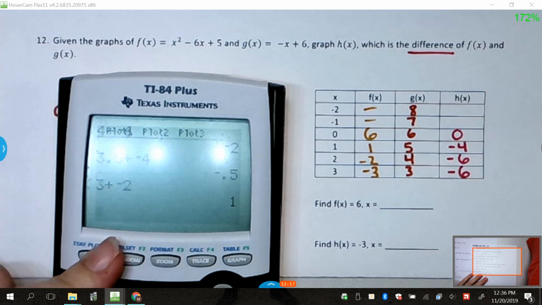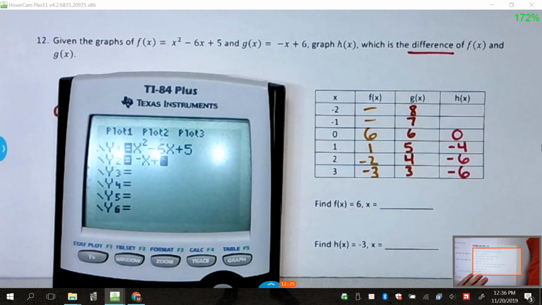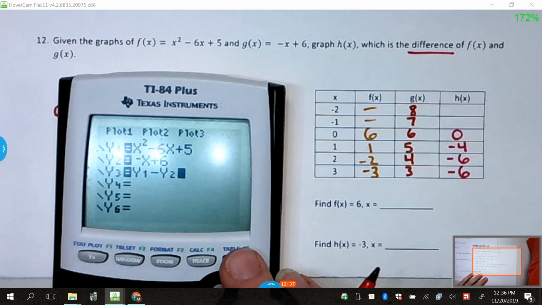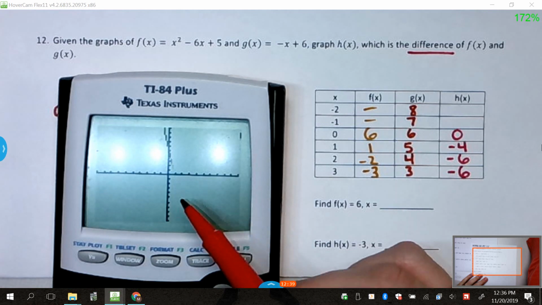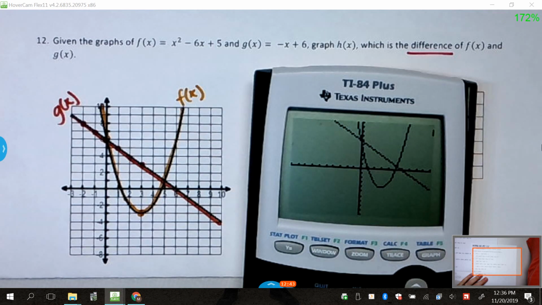Now this one does give you the equations. On the test, I was better about what numbers I gave you. Remember, you could do vars, right, enter, so f of x minus g of x. You can hit graph, so that's the linear line that's already graphed.